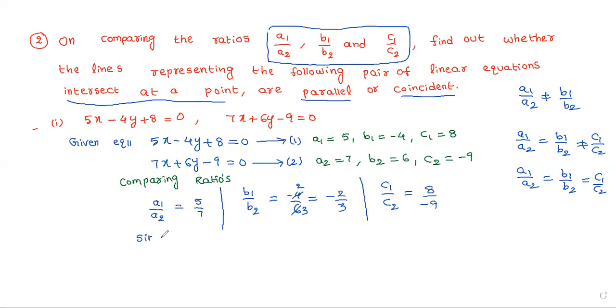Since A1 by A2 is not equal to B1 by B2, therefore they are intersecting lines.